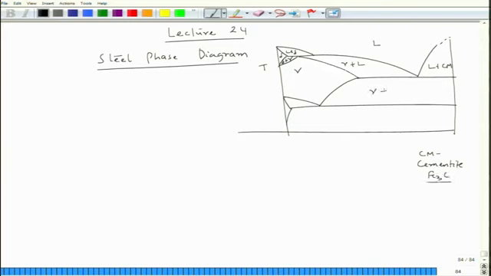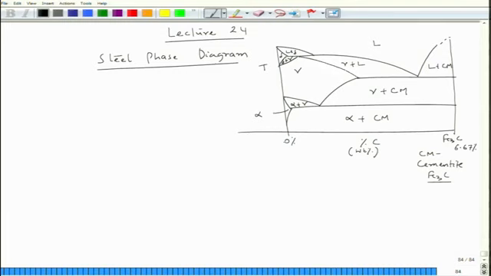This is gamma plus Cm, this is alpha plus Cm, this is alpha plus gamma, and this zone is alpha. This axis is the percentage of carbon, and here it is Fe3C, which is nothing but 6.67 weight percent carbon. So whatever we consider in terms of weight percent, this is 0% carbon.